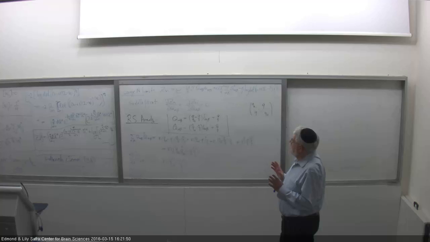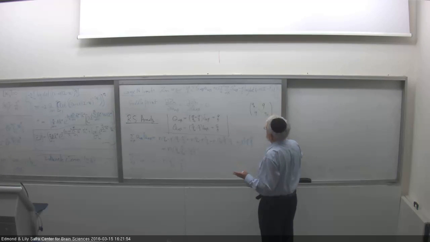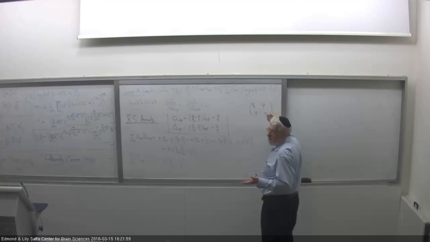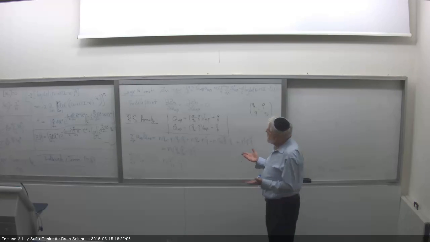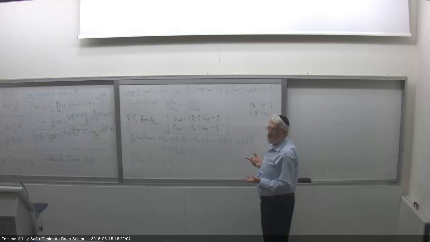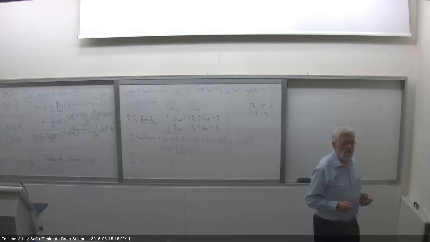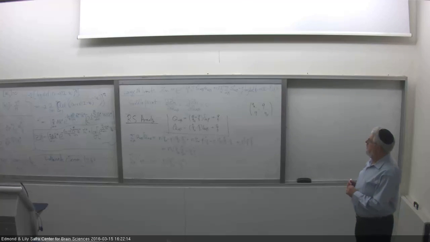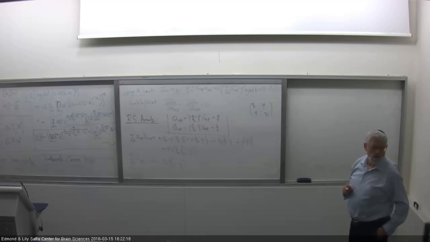I'm just assuming the replica symmetric form, which says that the matrix can at best have one value on the diagonal and another value on the off diagonal. So what else can it be? That's replica symmetry. Otherwise you would have Q12 different from Q34, or Q11 different from Q22. That's what replica symmetric means. And similarly for Q hat. More questions?